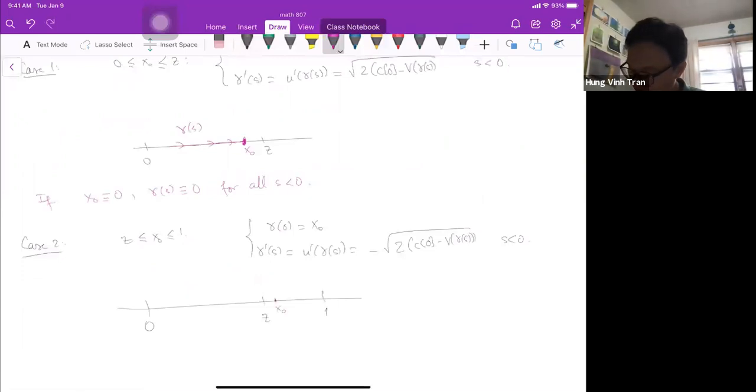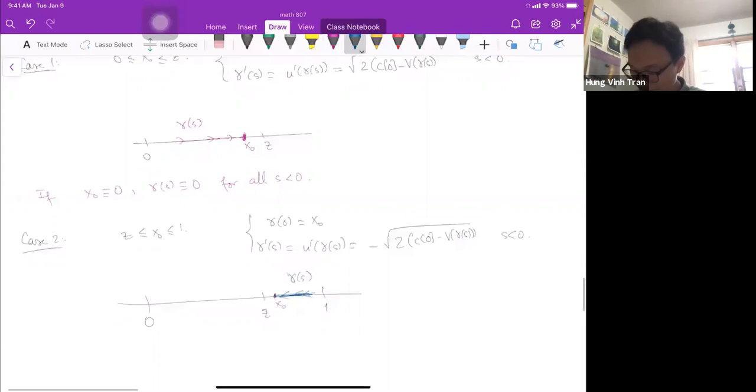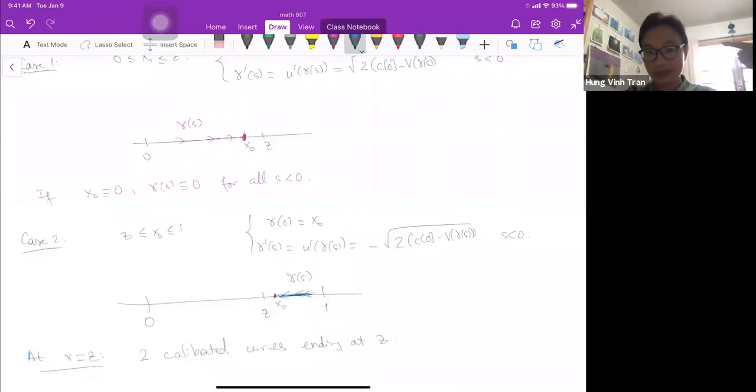This is x naught, then your calibrated curve is going to decrease from somewhere to the point x naught. Okay, and in particular, at x equal to z, you have two calibrated curves ending at z, right? Because at the point z you have two calibrated curves.